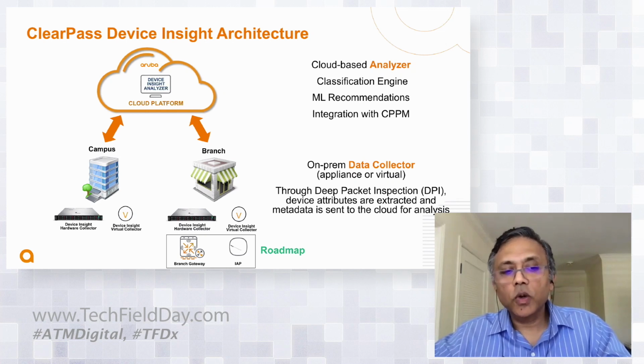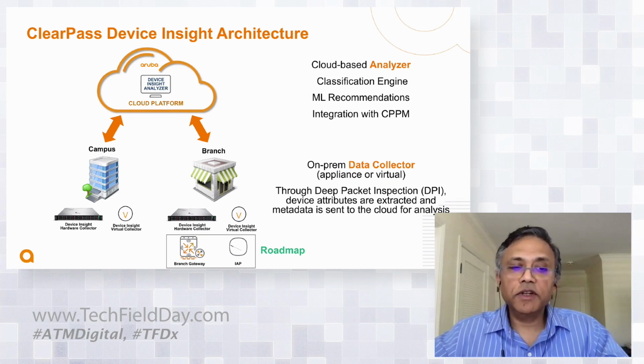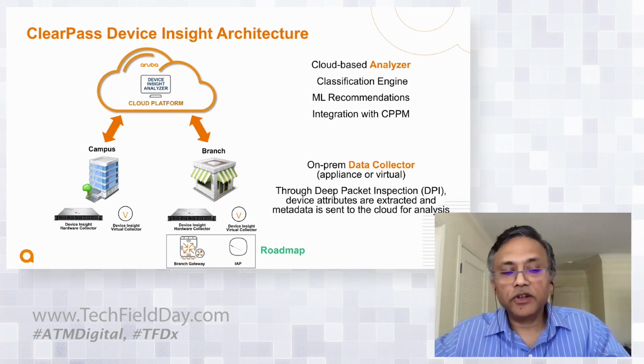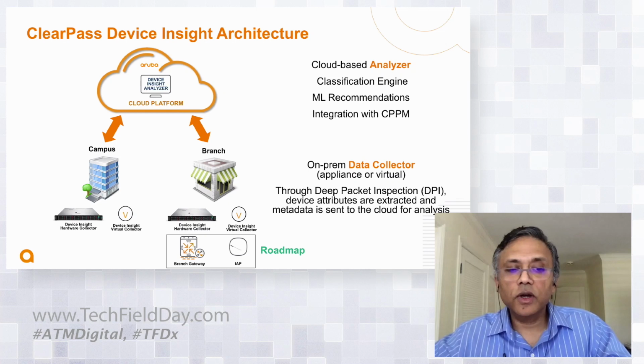It can also support DHCP helper options to receive DHCP traffic and extract device information from that. In addition to that, it's also a location from where you can launch active scanning services, be that WMI or other such techniques, to go query the devices to gather more information. So those are techniques supported by the appliance itself.